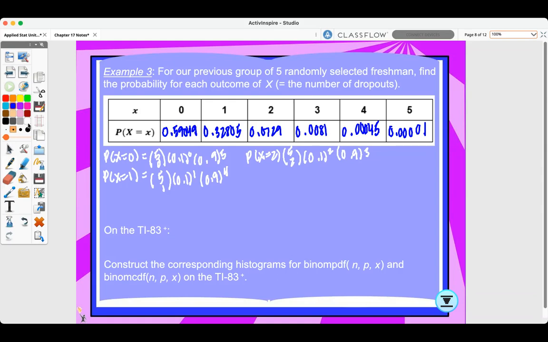On your TI 83 plus, our binompdf, you'd put N, P, and K in here. And this is the probability of K successes in N trials.